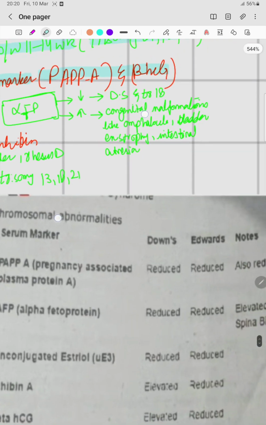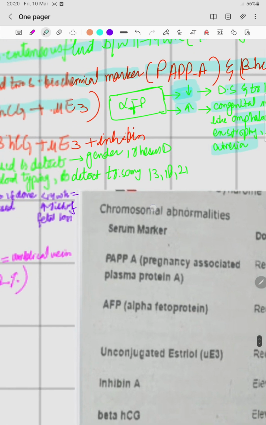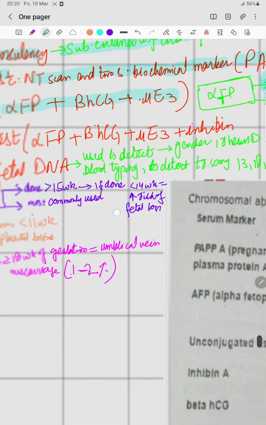Alpha-fetoprotein is decreased in Down syndrome, importantly, it only decreases in Down syndrome and trisomy 18, and it increases in congenital malformations, for example omphalocele, bladder exstrophy, intestinal atresia and spinal defects as well.